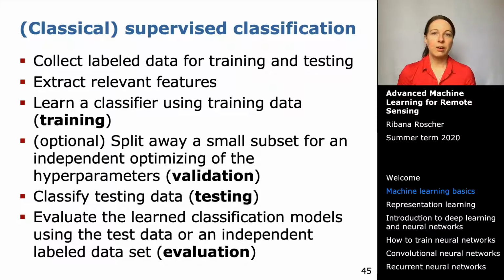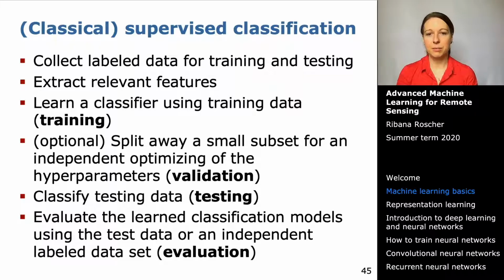Optional because it's not always the case that you have hyperparameters for optimization, but this independent validation set can be used to test different values of hyperparameters and see how your learned model will perform on this validation dataset. In the next step, you classify the testing data. So each data sample is assigned to one of the predefined classes.